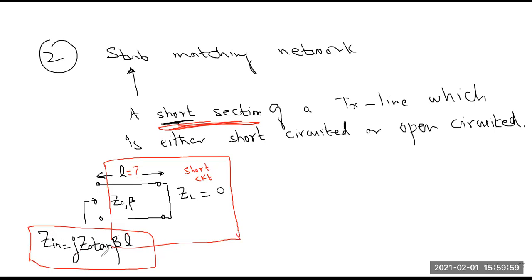We already know about the range of the tangent function. Its minimum value is minus infinity and its maximum value is plus infinity. Depending upon what beta L is, this function can have any value from minus infinity to plus infinity. And because it is purely imaginary, the input impedance of this line can vary from minus j infinity to plus j infinity.